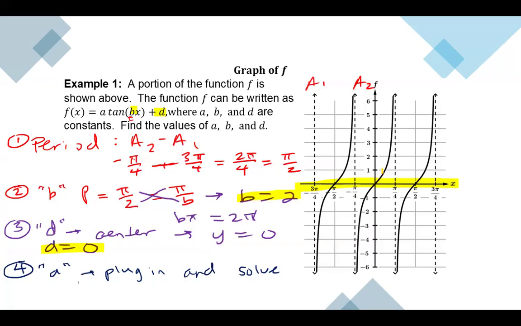I'm going to say here at 1. Does anyone know what's halfway between 0 and pi over 4? Pi over 8. I'm going to choose pi over 8, where the output is 1. So we're using on our graph pi over 8, and the output is 1. And that's what we're going to plug in for X and Y.